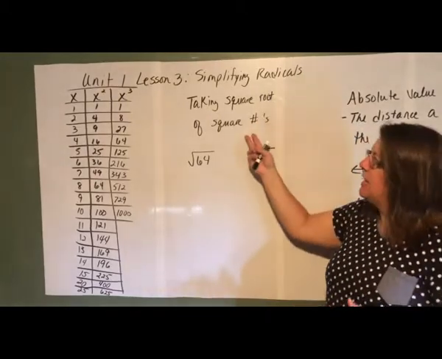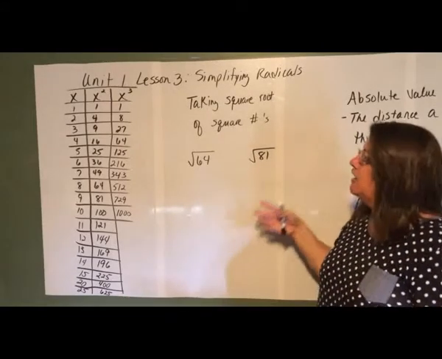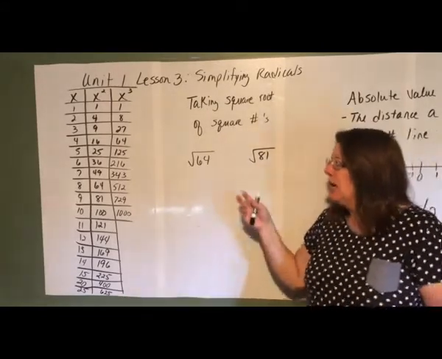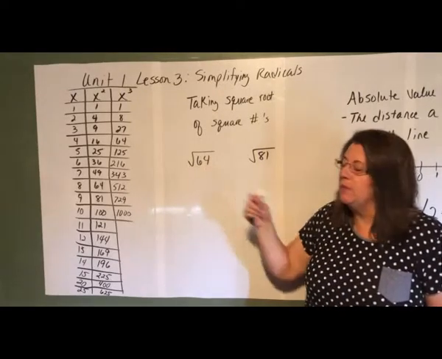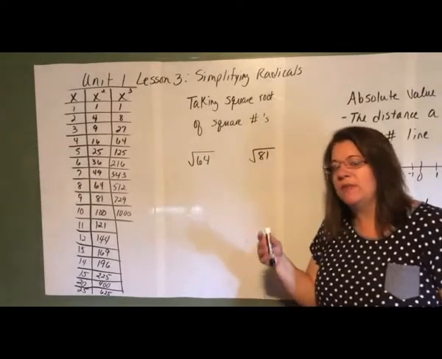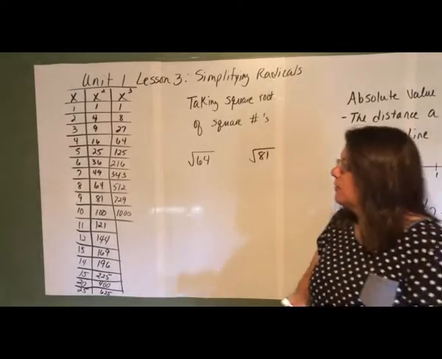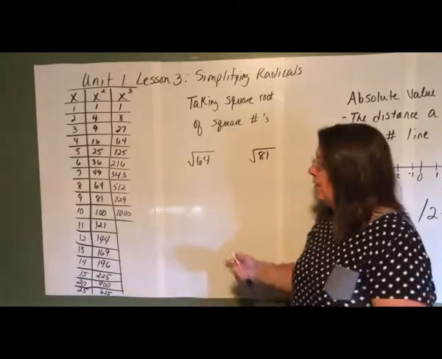In Algebra 1, you may have been asked to take the square root of a number. For the most part, in Algebra 1, they just wanted you to take square roots of square numbers. They may have done a little bit with simplifying non-square numbers, but that's at the very end of the course, so you probably didn't get very far with that.